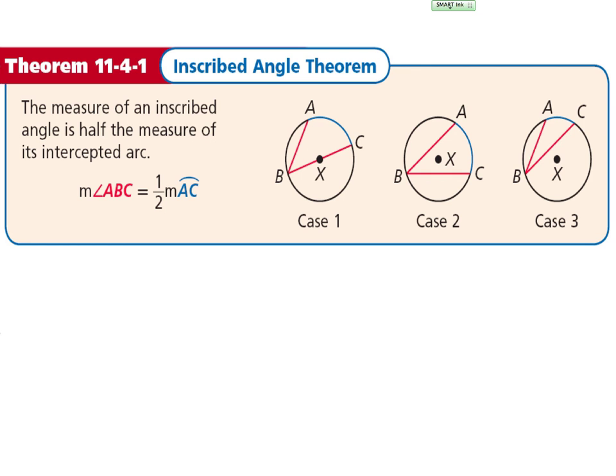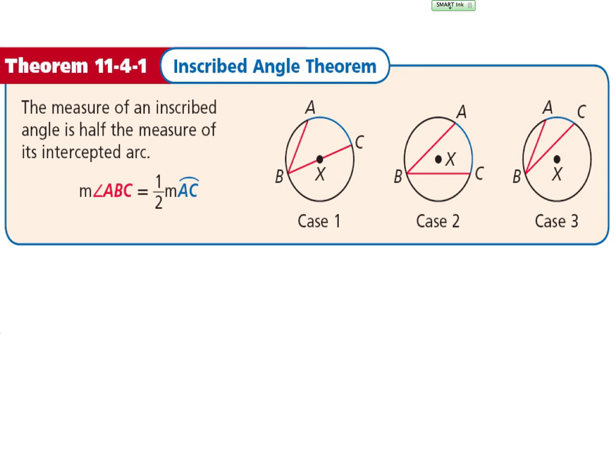The second case is where the center of the circle is inside the angle. And the last one is where the center of the circle is not inside the angle, it's outside the angle. But in all three cases, where's the vertex?